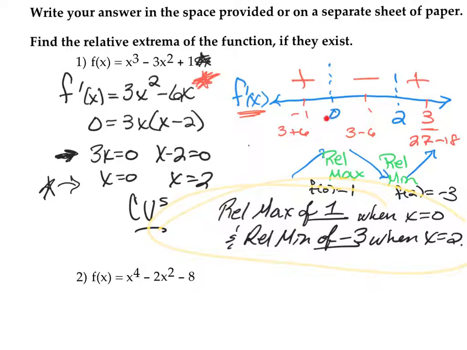It occurs at 0. What's his y value? We found it to be positive 1. So there's a relative max of the y value, which is 1, when x is that x value, which is 0. And then for this guy, he's a relative min. Put a 2 in, when you put a 2 into, again, the original function, then you end up getting a -3. So we have a relative min, because he goes like this, a relative min at 2, but the y value is going to be -3.